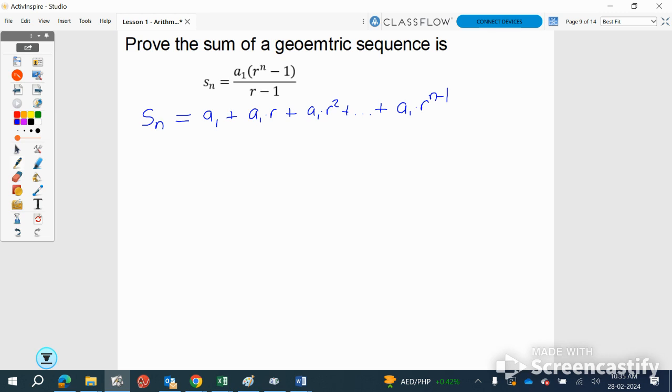I'm going to take this equation and multiply it by R. I will get Sn times R. On this side, that term will become what? If I multiply all of these terms by R, the first becomes A1 times R. What about the second term?